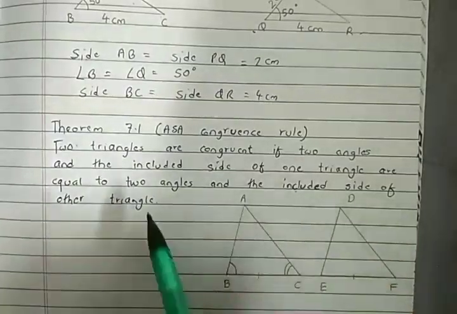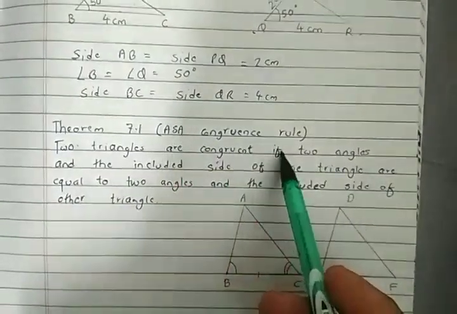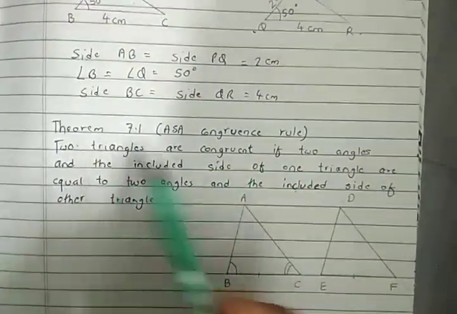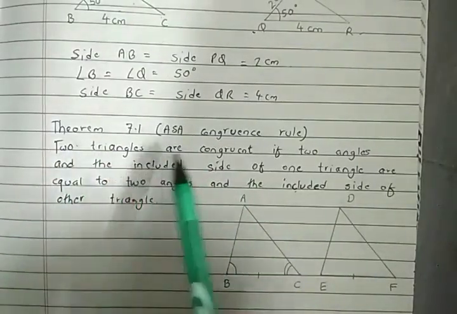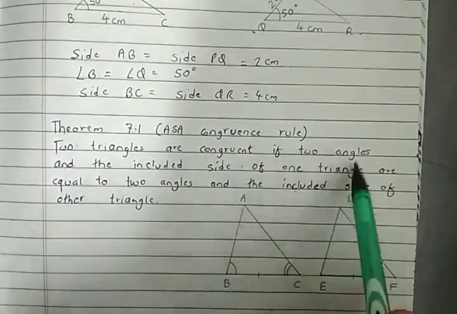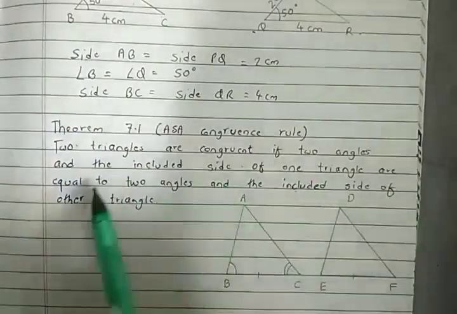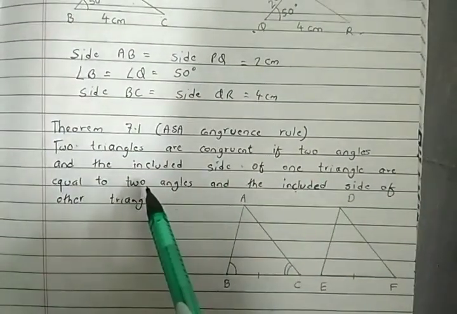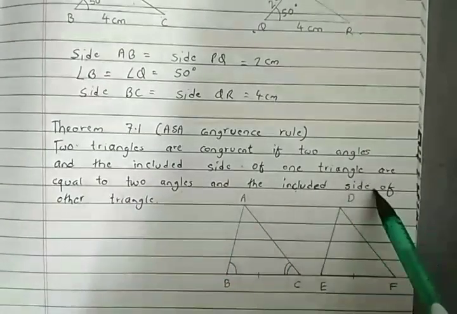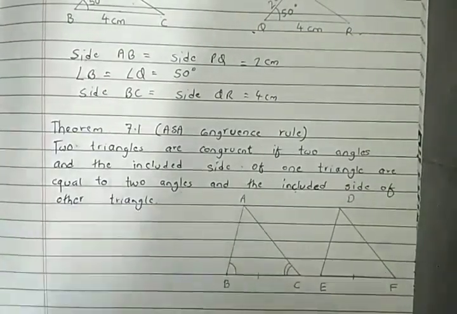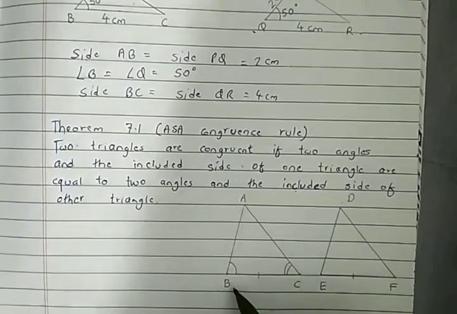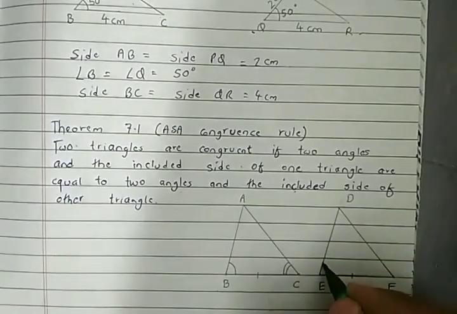Now let's learn about the angle side angle congruency rule. What does it say? Two triangles are congruent if two angles and the included side of one triangle are equal to two angles and the included side of the other triangle. What does this mean? Angle B is equal to angle E, right?